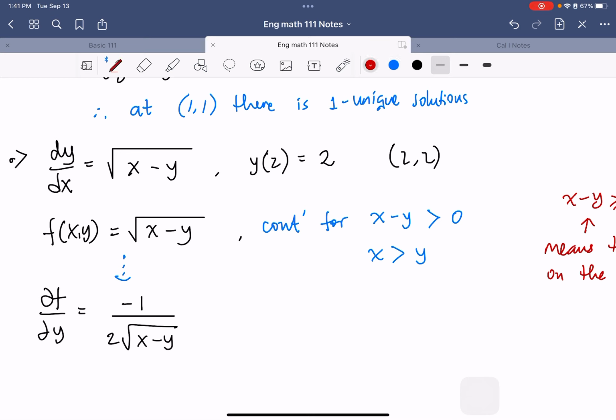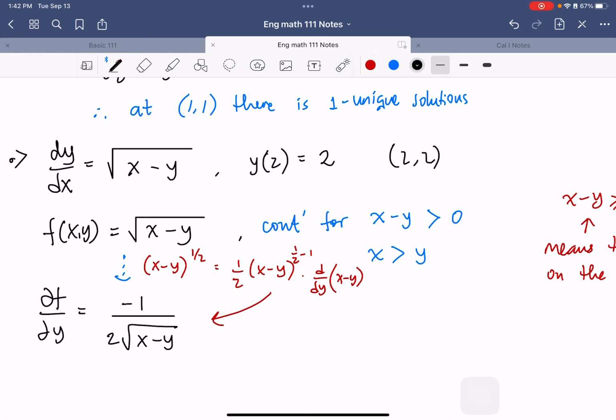Let me just write the idea of how this happens. This is from here, and this is going to be here. And this becomes negative, so we can write, or let me write, it's multiplied with dy of x minus y, and then it becomes this.